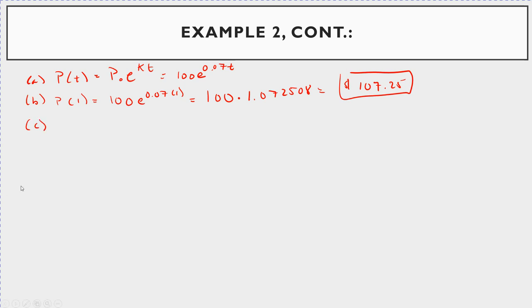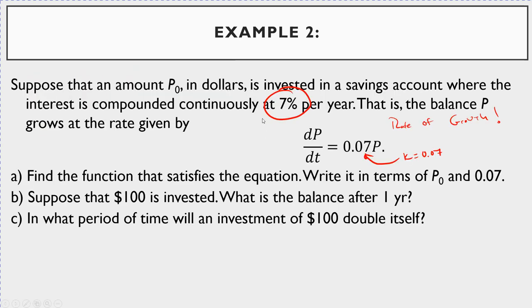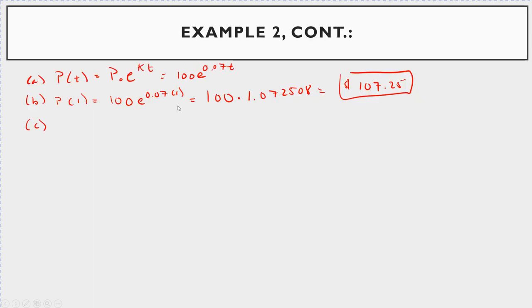And then C, the next question says, in what period of time will an investment of $100 double itself? What that means is we want $100 to turn into $200, so I'm going to have to solve this equation. Obviously divide both sides by 100, so you get 2 equals e to the 0.07t. Take the natural log of both sides.